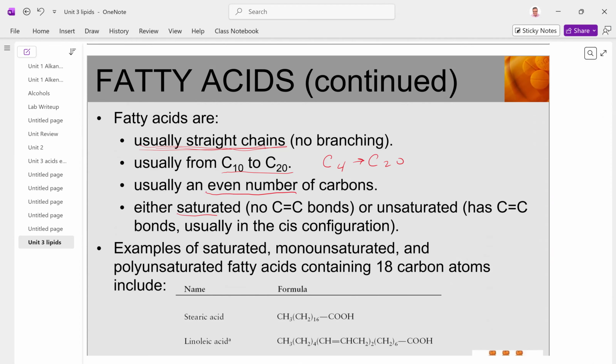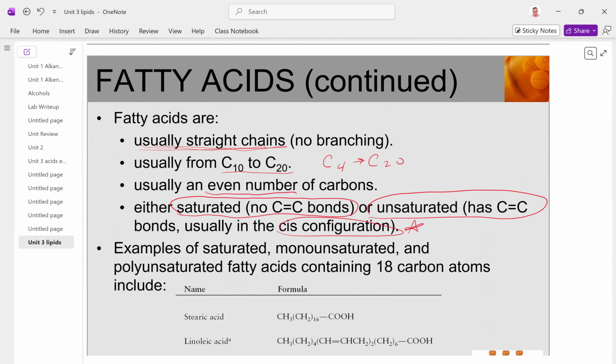Saturated means no double bonds. Unsaturated means one or more double bonds. Cis configuration. Now, all of you have probably heard about trans fats, but you never hear about cis fats.